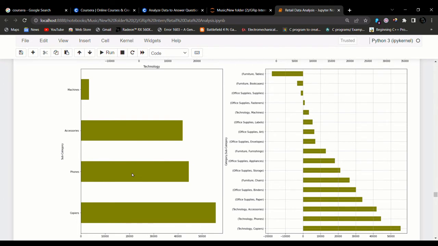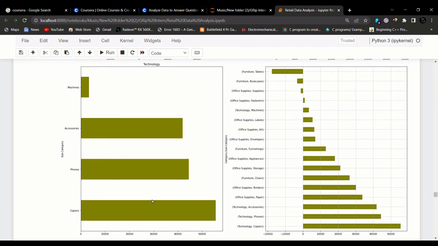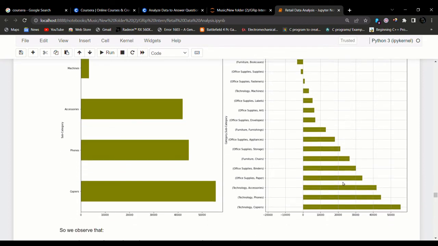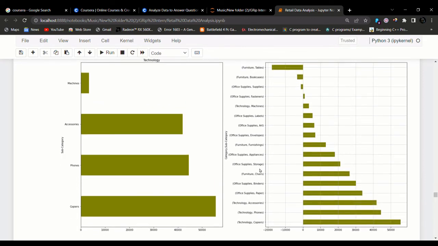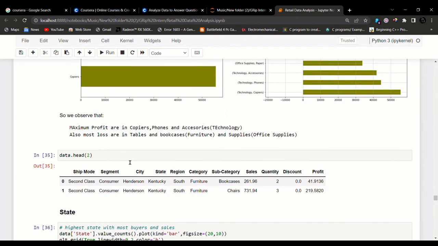And in the technology category, copiers, we have good profit. Here's the combined category subcategory on profits. So we can observe that maximum profits are in copiers, phones, accessories, those are technologies, and most losses are in tables, bookcases, and supplies.